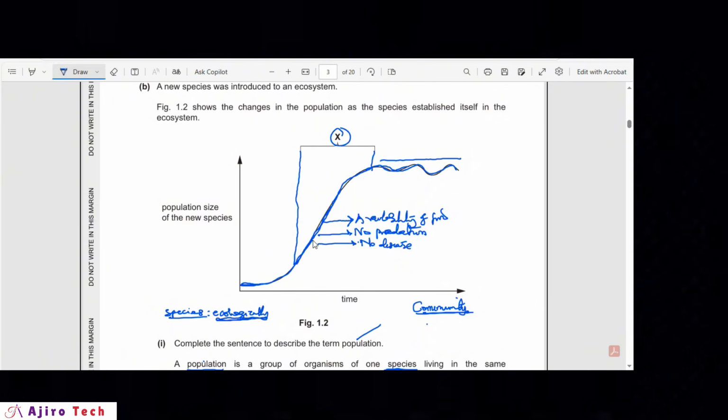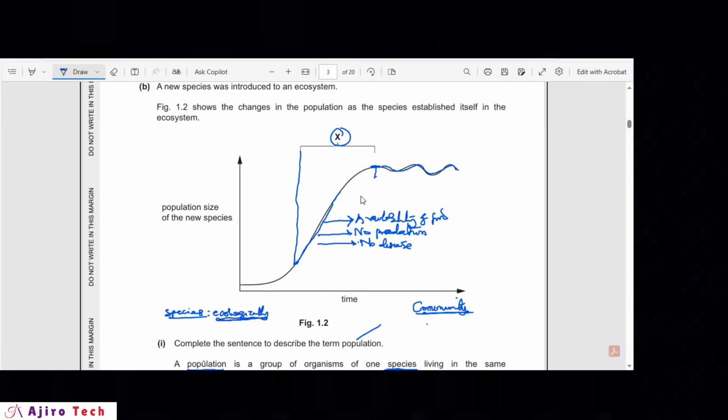the population size increases when you get to this part. You can see that in just a small portion of X here, we have no increase. It plateaus, right?